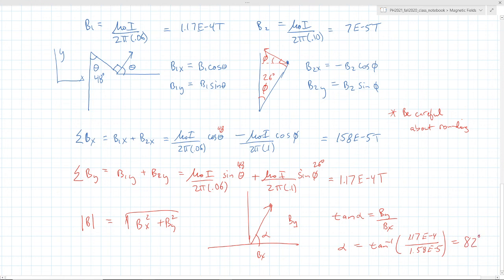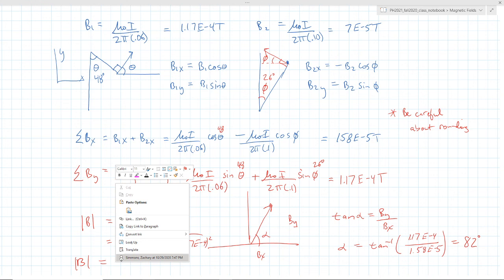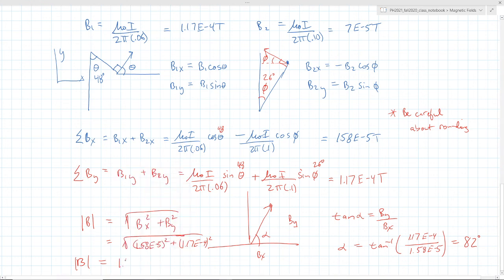Oh, and we didn't actually calculate the magnitude. When you compute this, you put the square root of these here. You find that the magnitude of B is 1.18 times 10 to the minus 4.